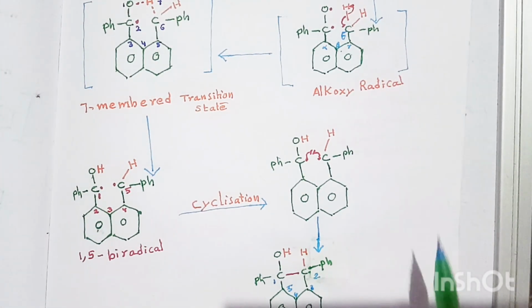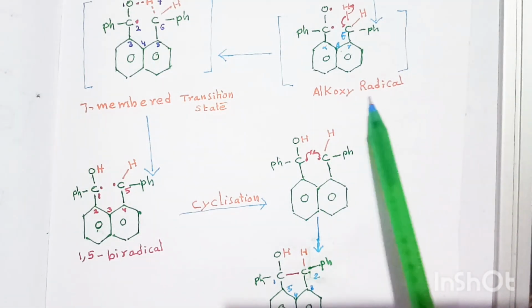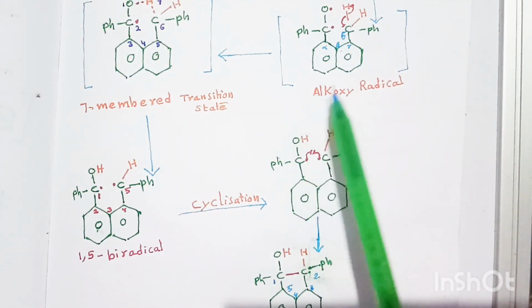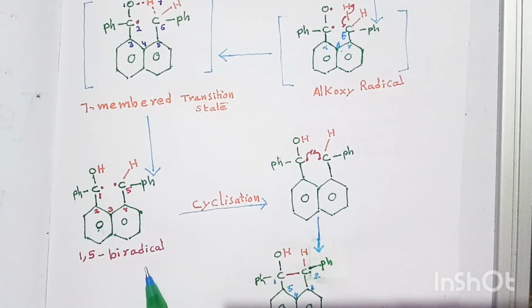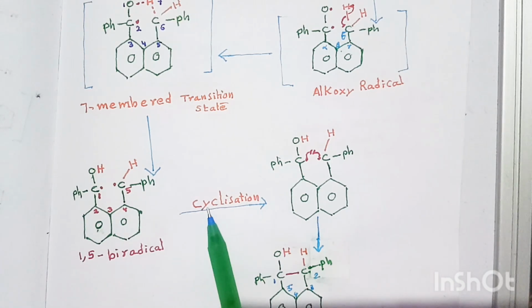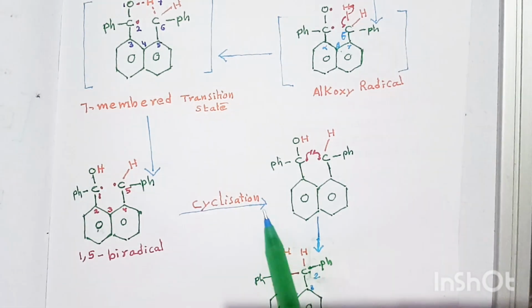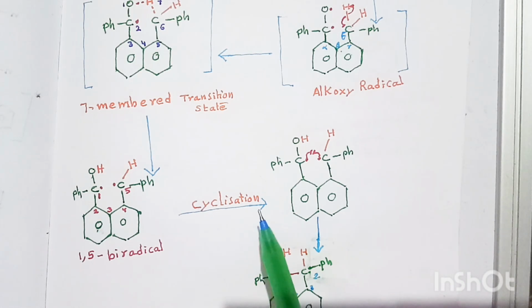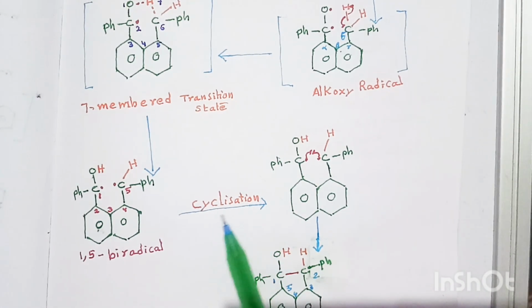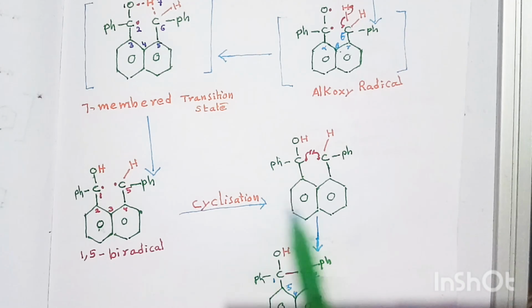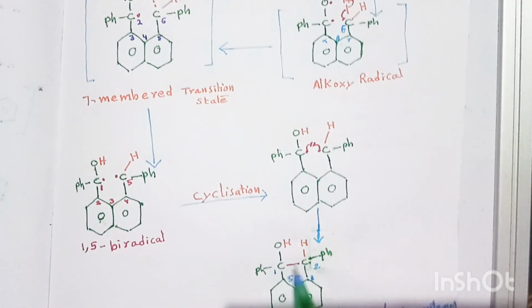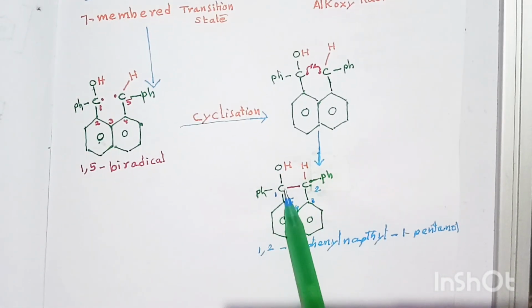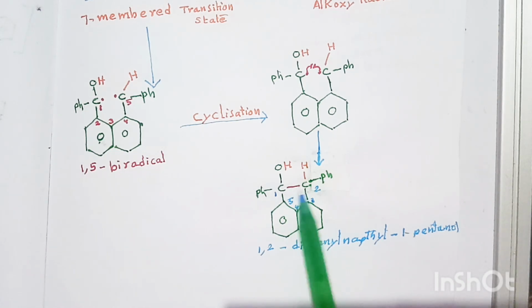So we can say the alkoxy radical, by abstraction of delta hydrogen, forms a 1,5 biradical. This 1,5 biradical undergoes cyclization. It cannot undergo beta cleavage because there is no gamma hydrogen. So these two radicals will join together to form a new bond between them. The new bond between these two radicals is represented in red ink.